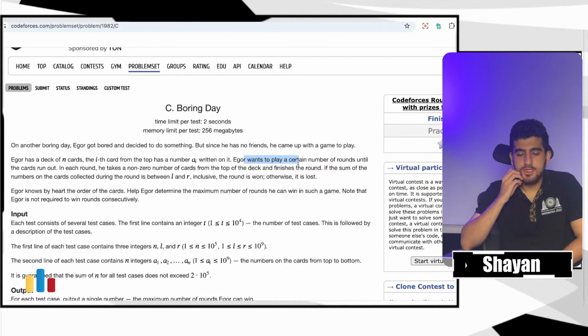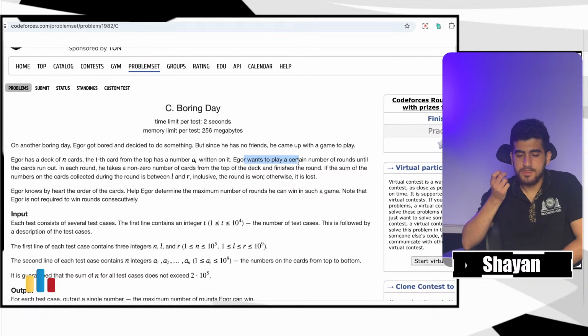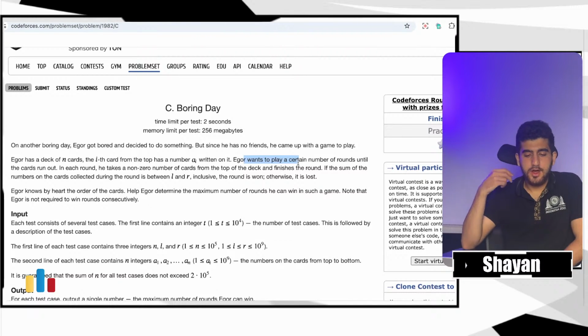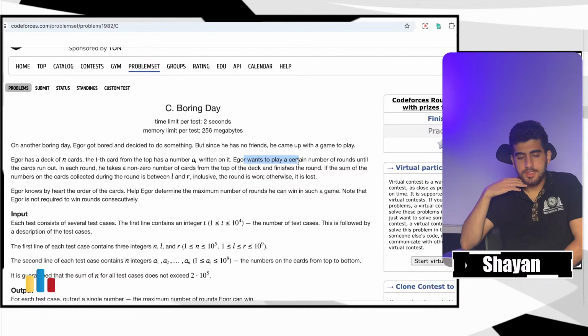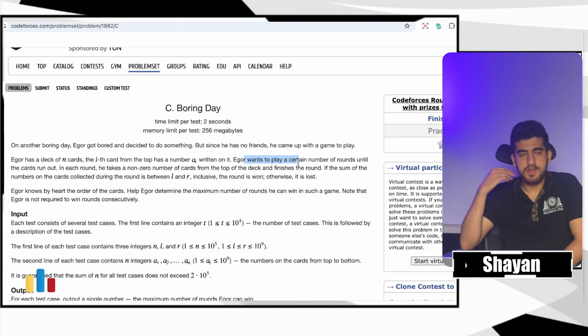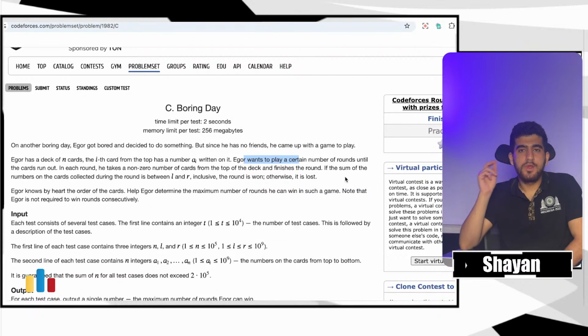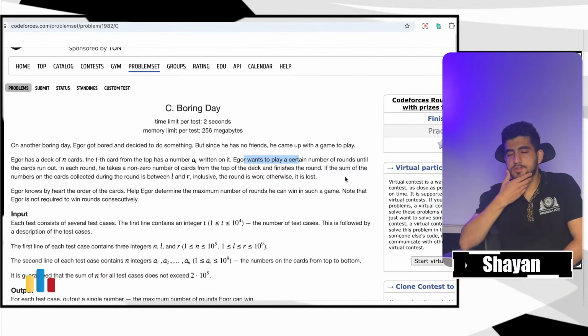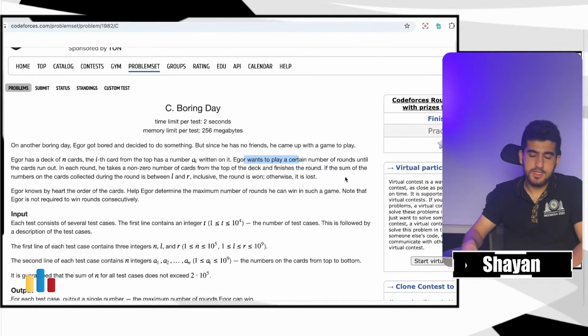In each round, he takes a non-zero number of cards from the top of the deck and finishes the round. If the sum of the numbers on the cards collected during the round is between L and R inclusive, the round is won, otherwise it is lost. Igor wants to win as many rounds as possible. You have to say what is the maximum number of rounds that he can win.